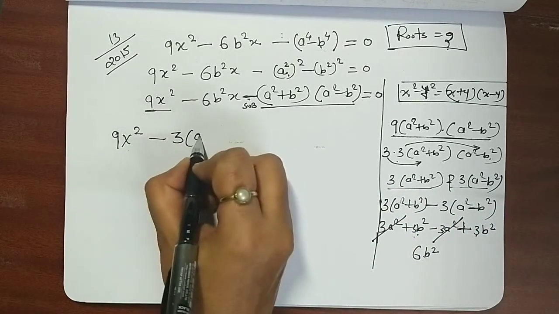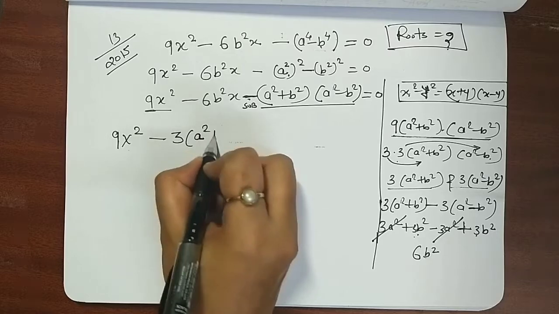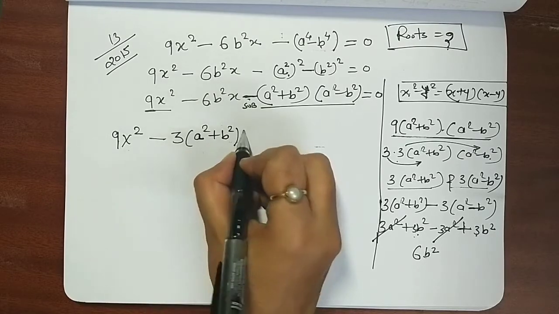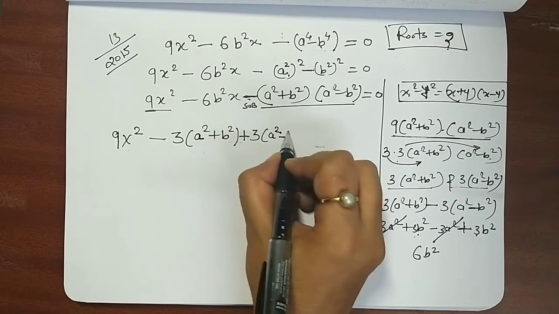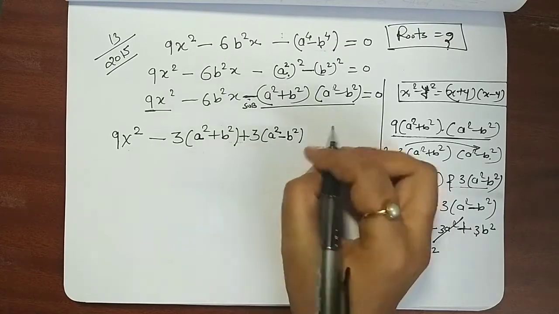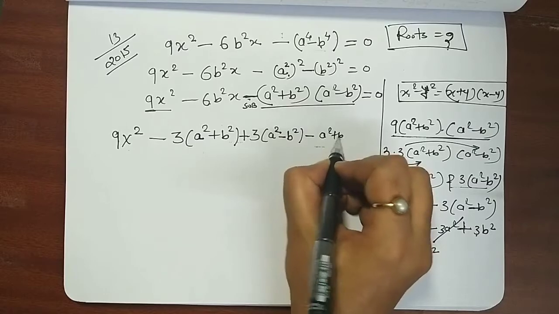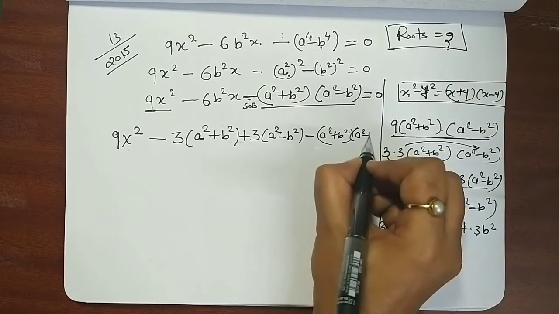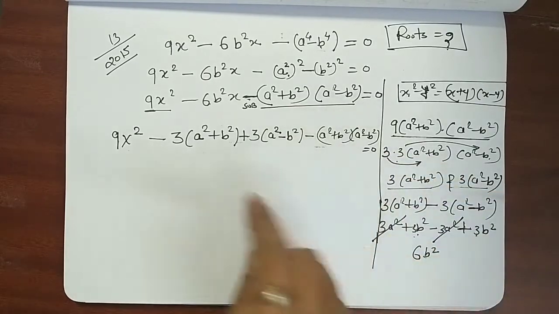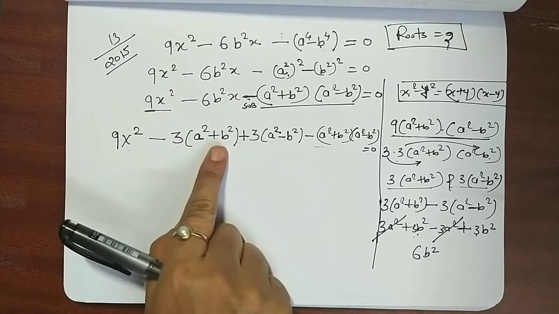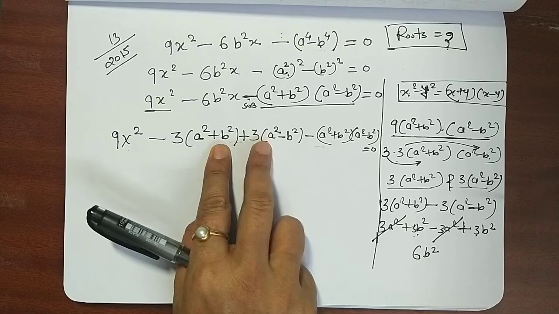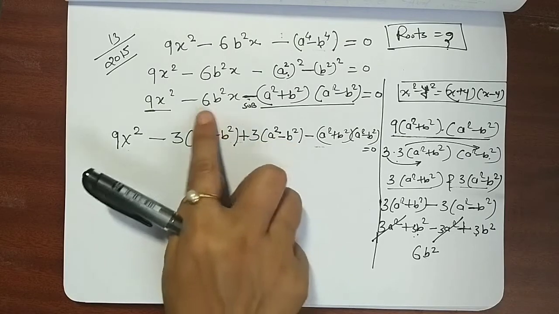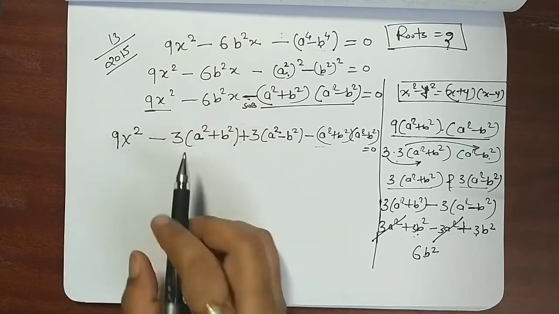Minus 3 a square plus b square plus 3 a square minus b square, minus of a square plus b square, a square minus b square. Let me see, am I getting minus 6b square? So this will be minus 3b square and this will be minus 3b square. Yes, I will get minus 6b square.